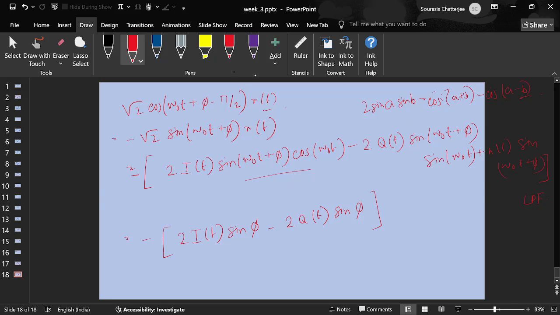Okay, so it should be cos of a minus b minus cos of a plus b. Thanks. So again, this is going to be cos phi here. This is going to be cos phi, and the minus sign will remain.